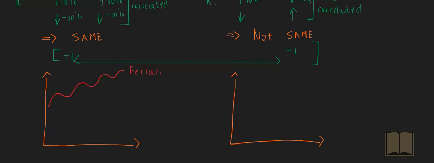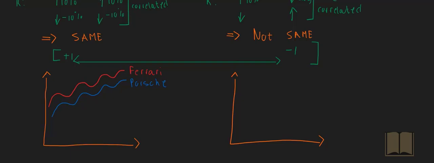If another asset is perfectly correlated to the asset which we call Ferrari, then it will display a graph that is similar to that of Ferrari. So this asset could be, say, the share price of Porsche.